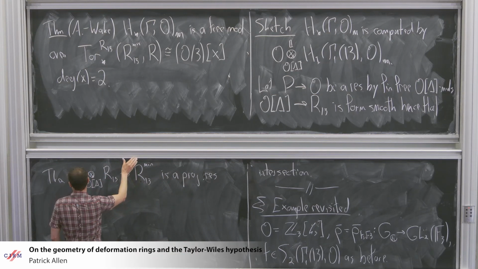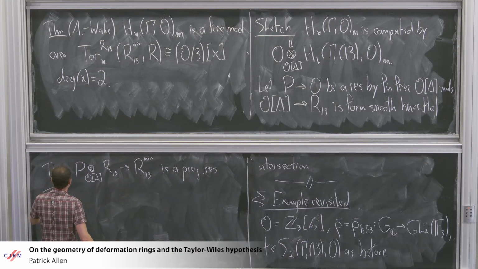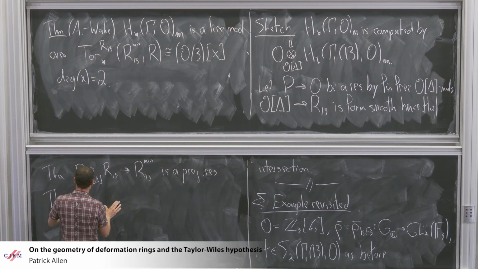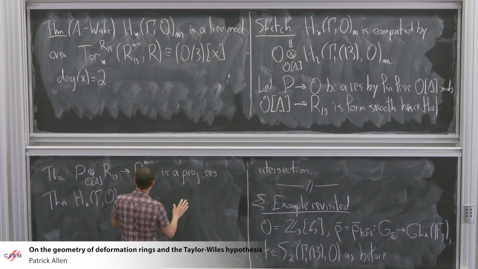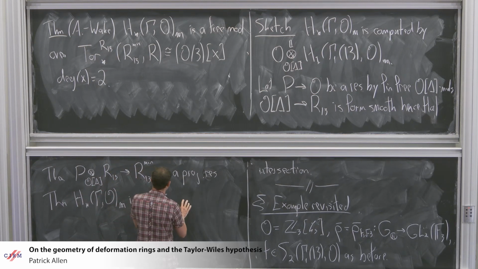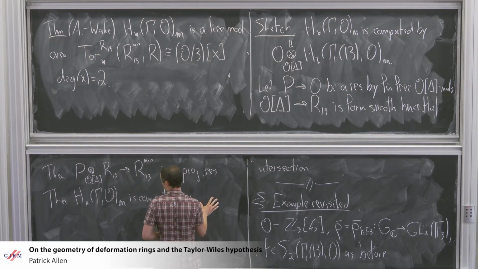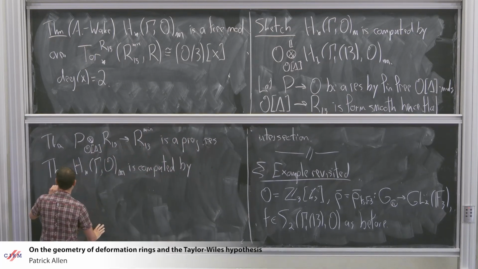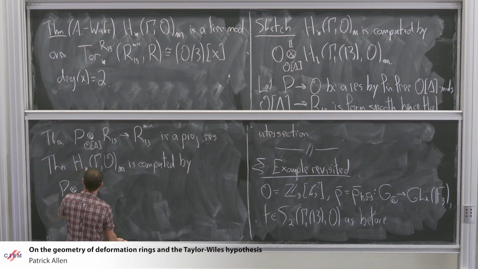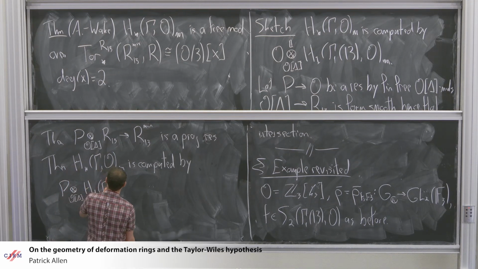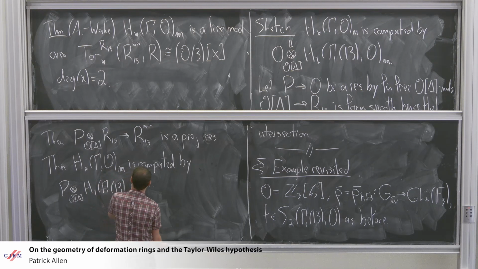But then what that tells you is that this homology, star gamma O m, is computed by P tensored over O delta with H1 gamma 1 13 O m.